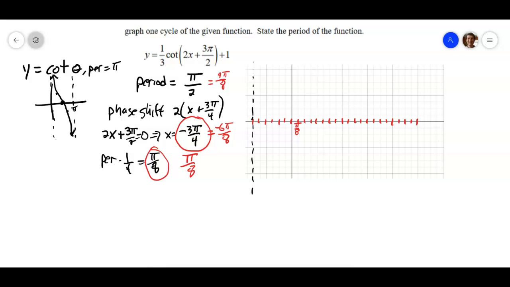Our period is 4 tick marks. So if we go right 4 tick marks, we have another asymptote. And right 4 tick marks, we have another asymptote. Continuing on, 4 tick marks, asymptote, etc., etc., etc.